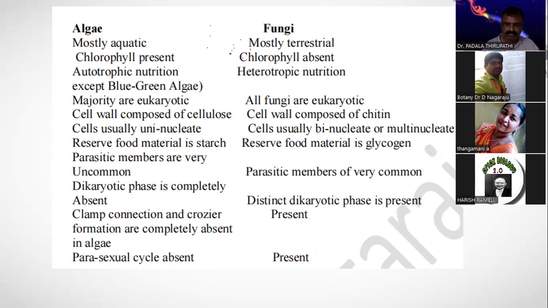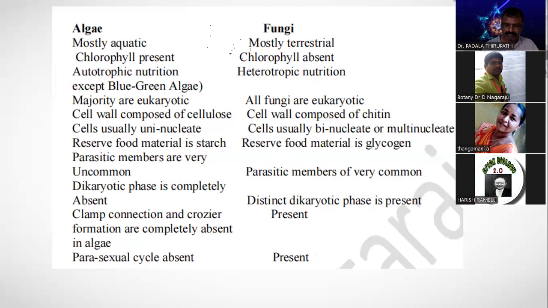Okay. And then these are the variations. The cell wall is made up of cellulose in algae, chitin in fungi. Usually uninucleate in algae, binucleate and multinucleate in fungi. The reserve food material is starch in algae.